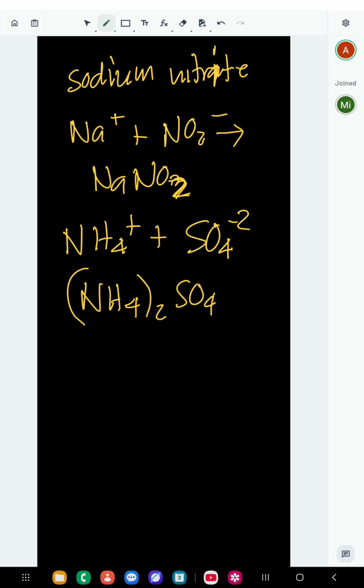Then silver oxide, okay, Ag plus, O minus 2.